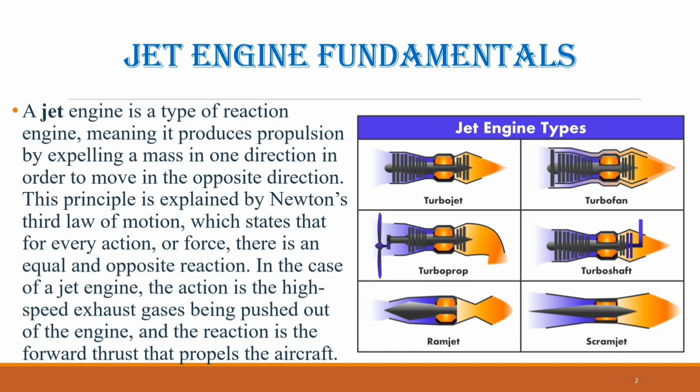To improve efficiency under these conditions, engine designers use the turbine section to drive additional components such as fans, propellers, or other mechanical systems. By doing this, more of the engine's energy is converted into useful thrust at lower aircraft speeds.